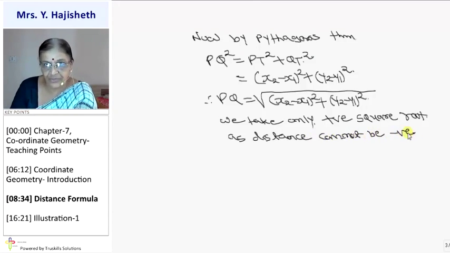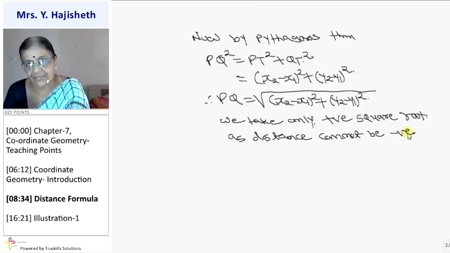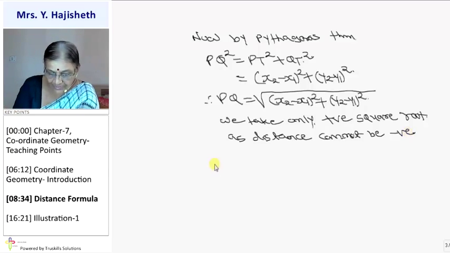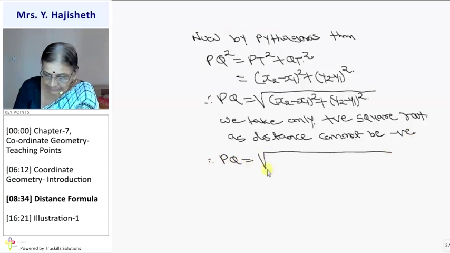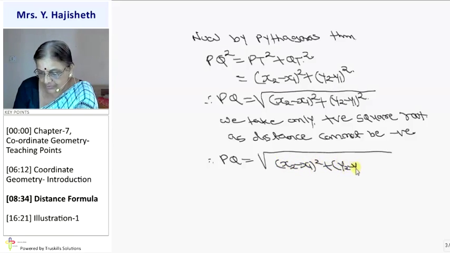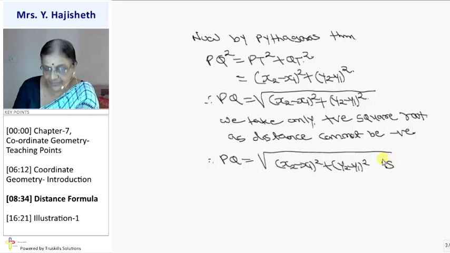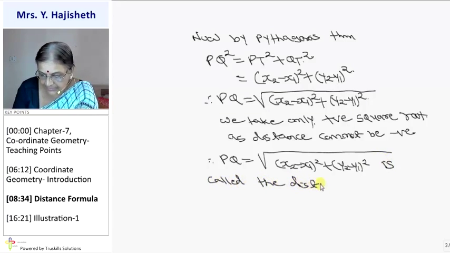So naturally my PQ is coming under root x2 minus x1 whole square plus y2 minus y1 whole square. What is this formula called? This formula is called the distance formula. What is it called? Distance formula.